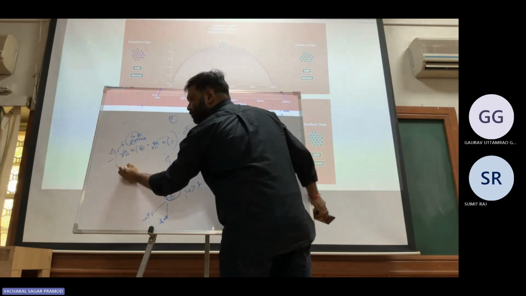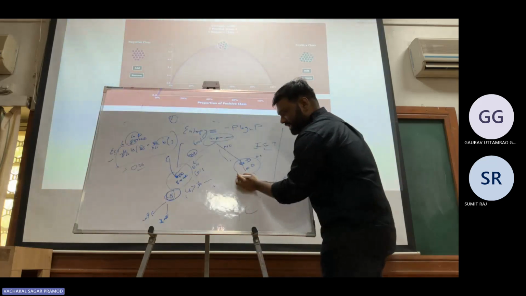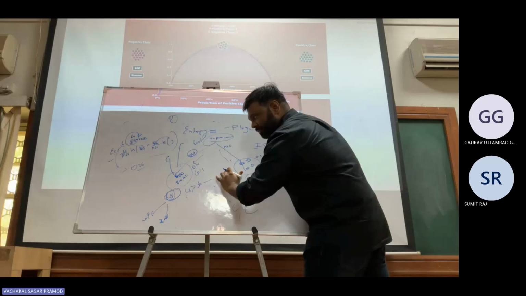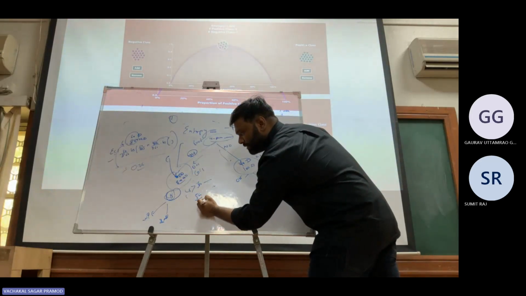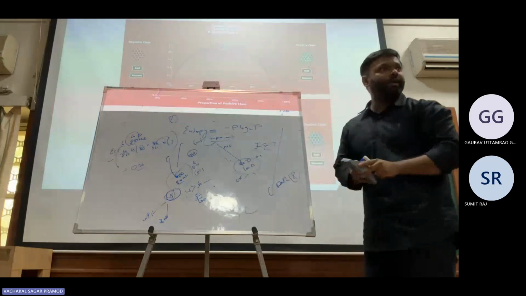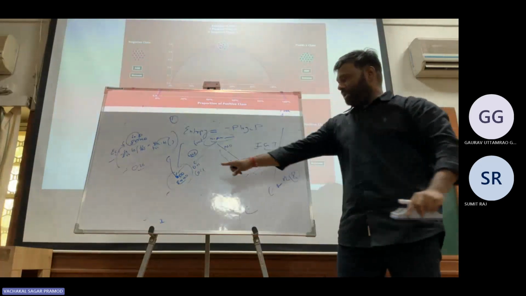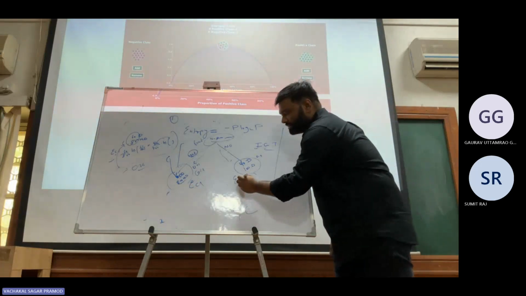Suppose this came out to be 0.25, for example, and the other came out to be 0.35. When we sum up, we will do 860 upon 1000. We are weighting it. Eventually this is entropy of C1, entropy of C2.